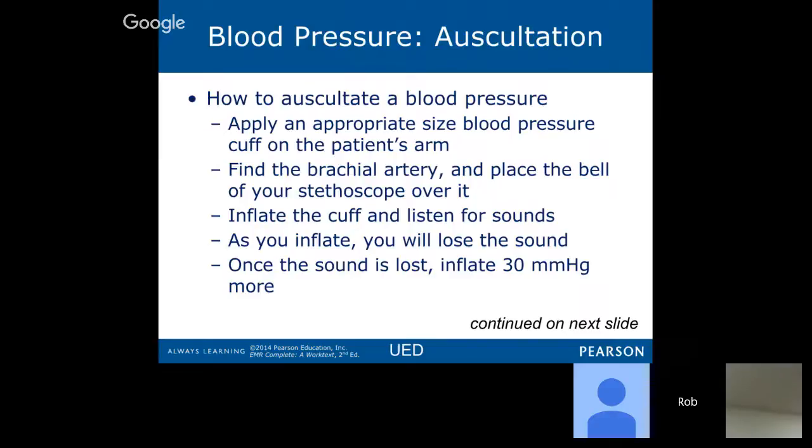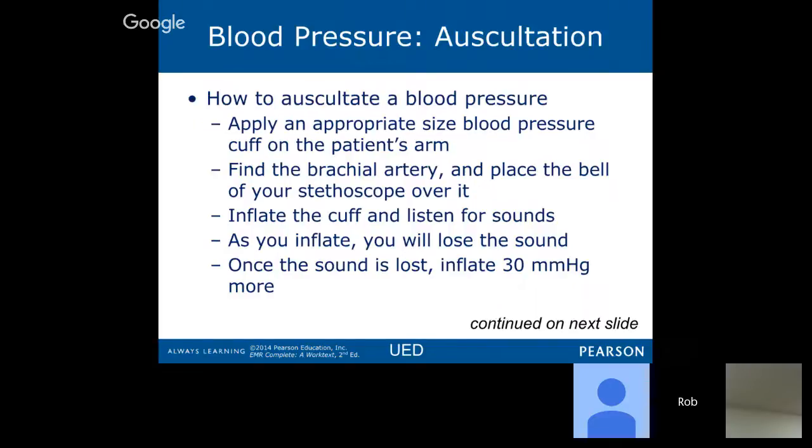Something else on blood pressure, especially if you're using an automatic machine. If you get a blood pressure that doesn't seem right, it's probably not. If you get a blood pressure that says 70 over 40 and the patient is conscious and talking to you, it's probably not right, okay? Especially if they're not dizzy, not weak. They're like, no, I feel fine.